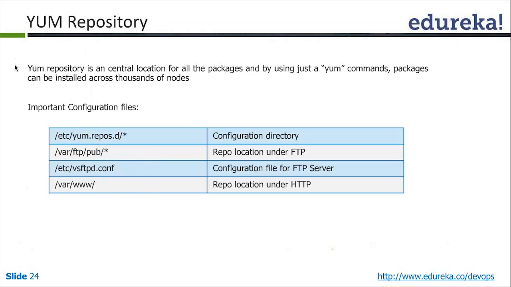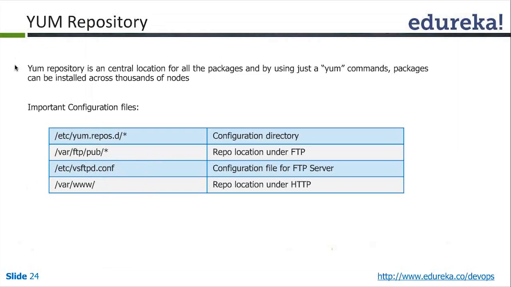So you create your own repo server within your organization, and it can contain packages from various sources. When you create your own repo, it may be serving Hadoop as well as Nginx. So it could be one repository with all of these files.